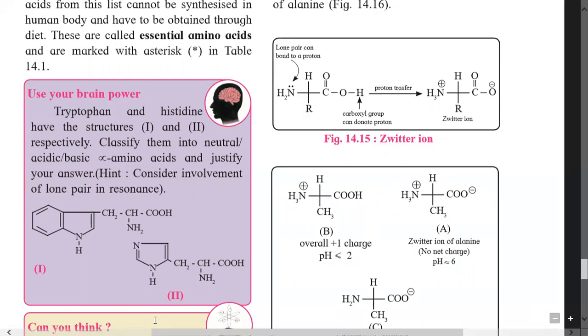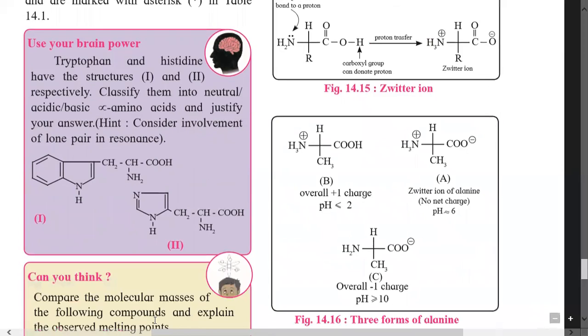Here the NH2 group becomes NH3 group because one proton from the carboxylic group is transferred, and that gives the NH3 plus group, called an ammonium group. The remaining groups are H, R and COO minus, and this ion containing positive as well as negative charge is called a Zwitter ion. This is the general formula for the Zwitter ion of alpha amino acid.